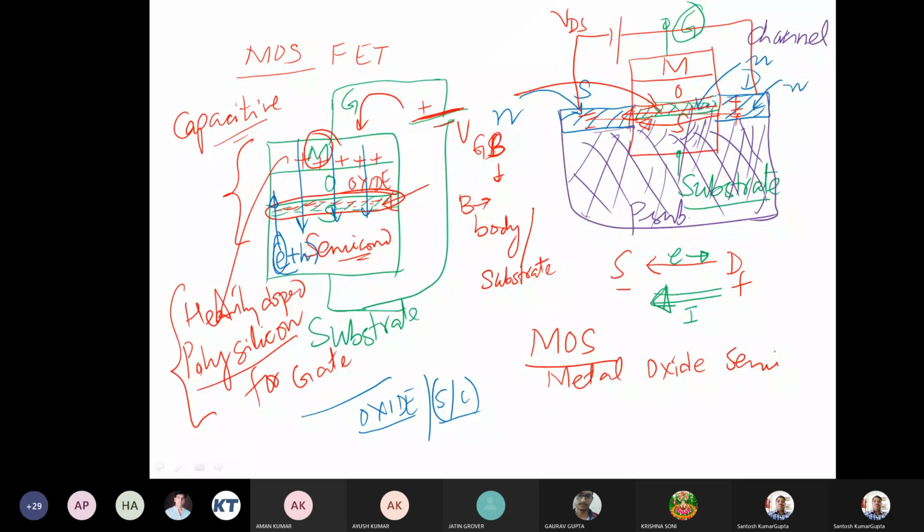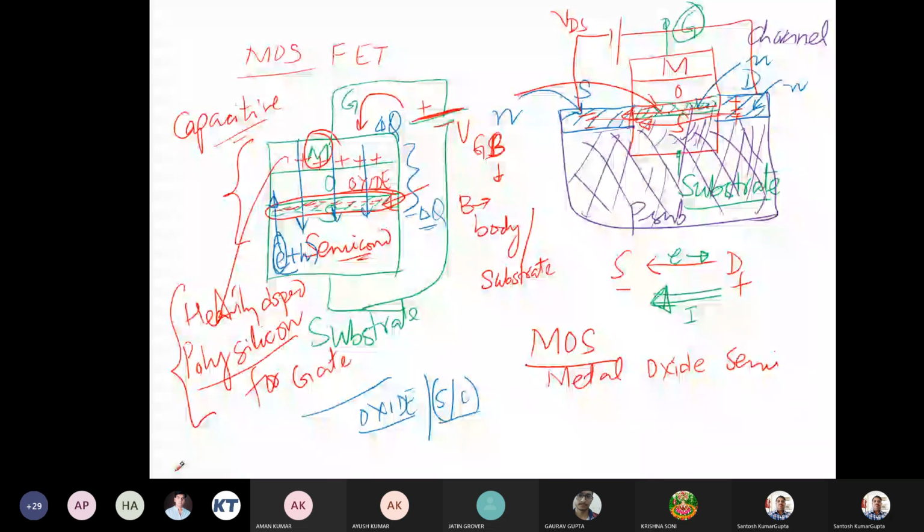The number of electrons accumulated here is equal to the positive charge we have put on the gate. So if we make a change in the charge at the gate by delta Q, an equal and opposite change happens at this oxide-semiconductor interface, and these two charges are separated by the oxide thickness.